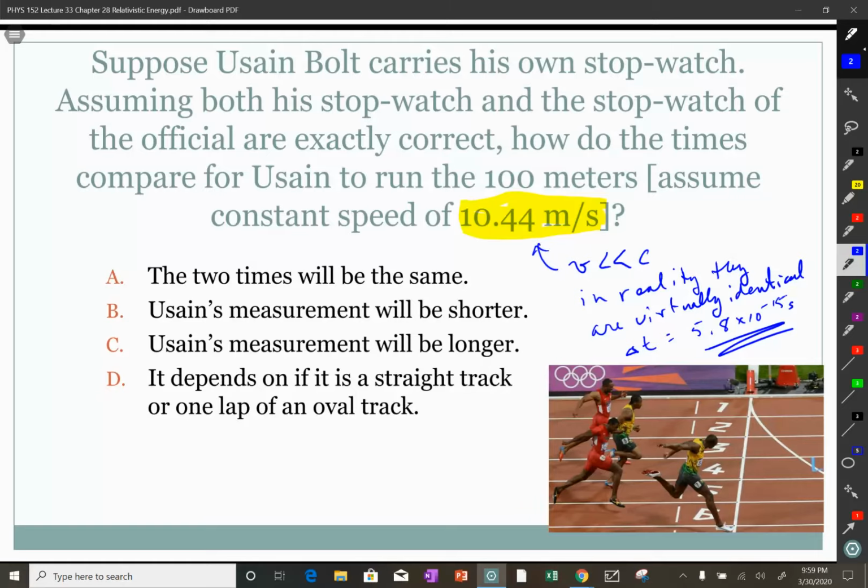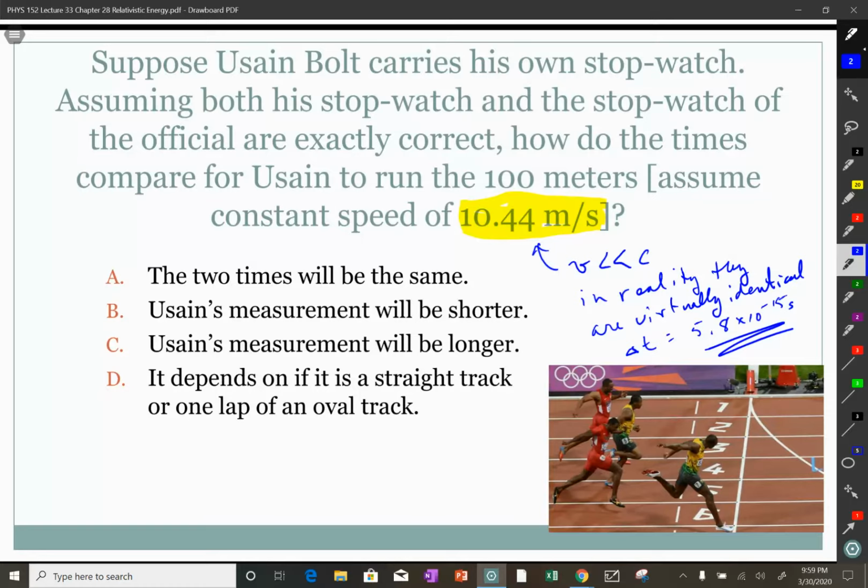Now, the official sees that Usain's clock is moving, right? And his own is stationary. Usain sees that his clock is stationary and the official's is moving. So the question is, which one is going to be measuring the proper time, which is always going to be the shortest time possible for the race? Everybody else is going to say it took longer.